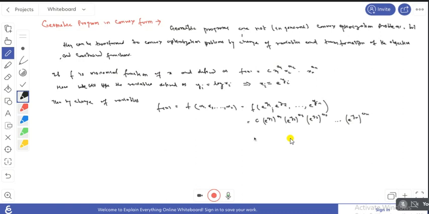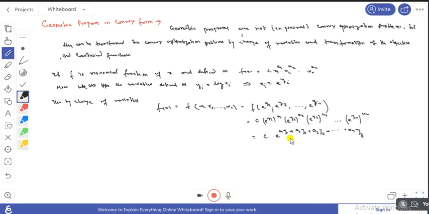Okay, and now if we multiply here, you get c multiplied by e to the power a1 y1 plus a2 y2 plus a3 y3 up to the sum of an yn.